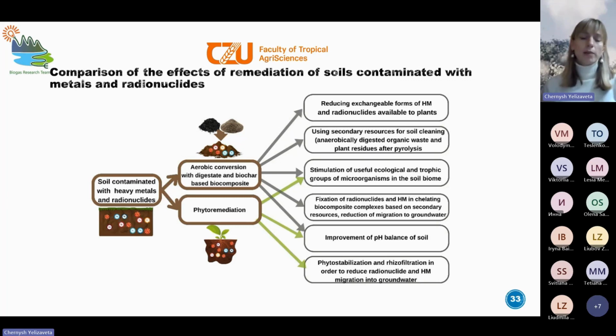So bioremediation technologies are mostly environmentally friendly technologies for recovering from different types of soil contamination.